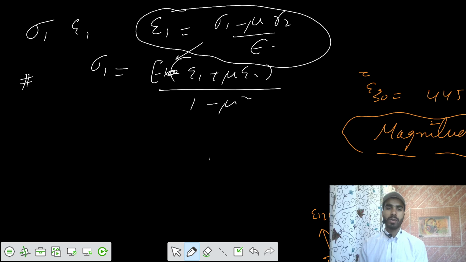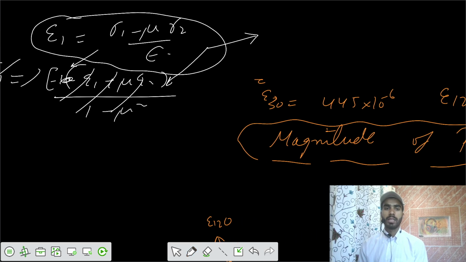Exactly, I don't remember that. So let's talk about this one also, because this one is also derived from the same equation. So let's use that equation, sigma 1 minus mu sigma 2 by E.